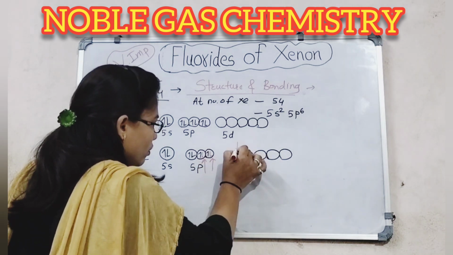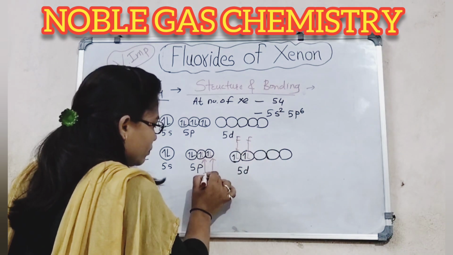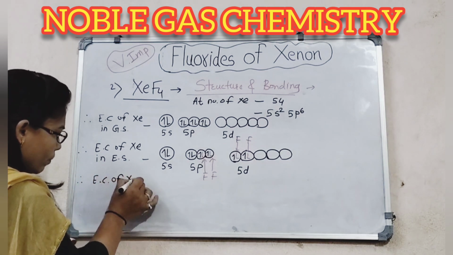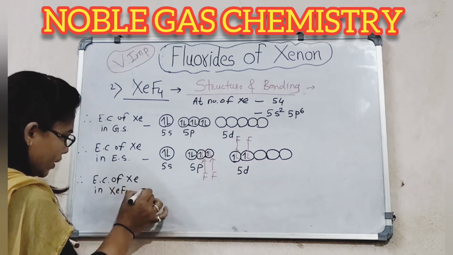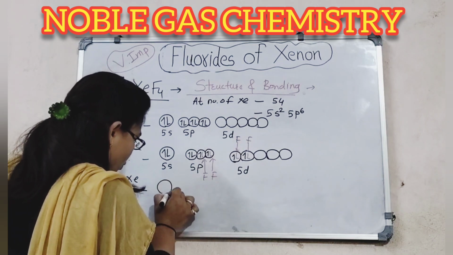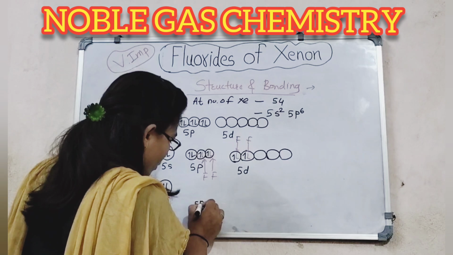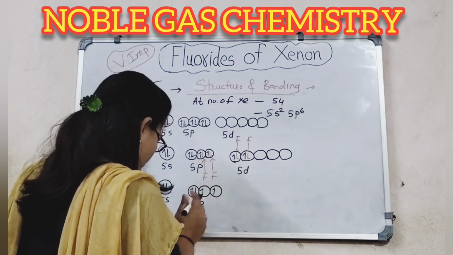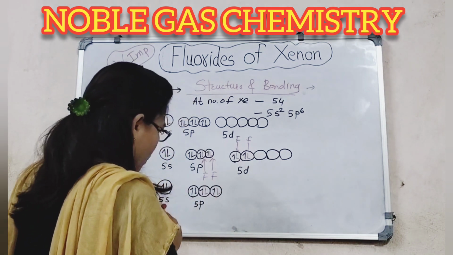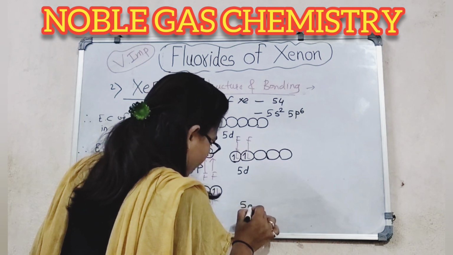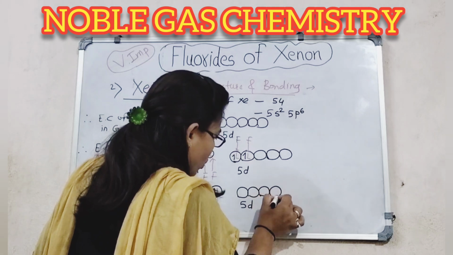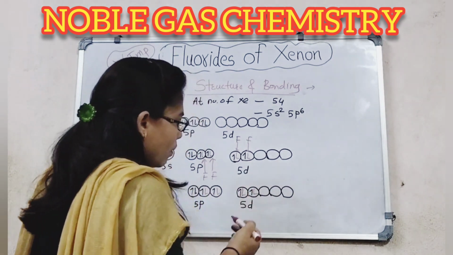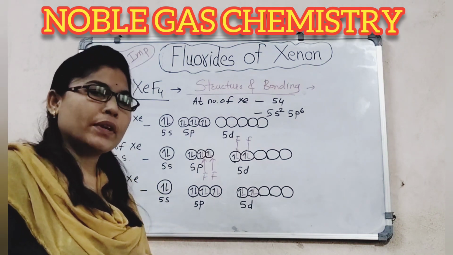When four fluorine atoms combine with xenon, then we get xenon tetrafluoride. So therefore, the electronic configuration of xenon in xenon tetrafluoride is 5s2, 5p, 4 electrons of xenon and 2 electrons of fluorine atom, and in d orbital 2 electrons of xenon and 2 electrons of fluorine combine with each other and form new hybrid orbitals.